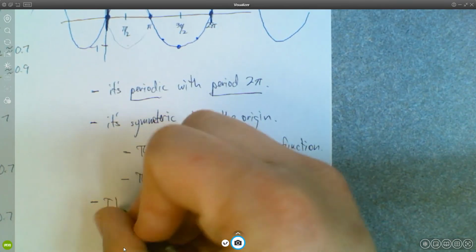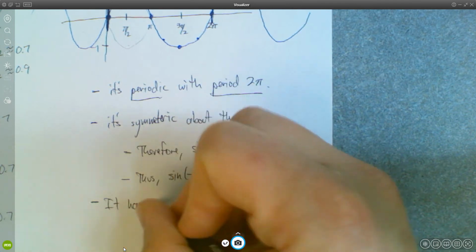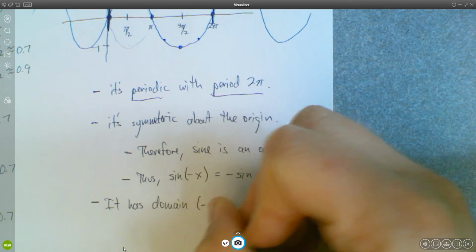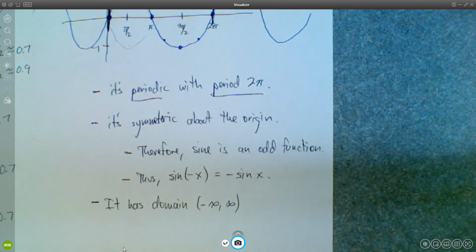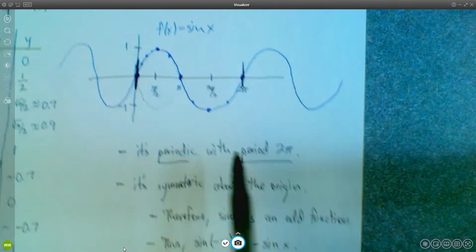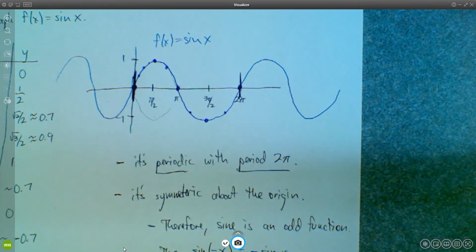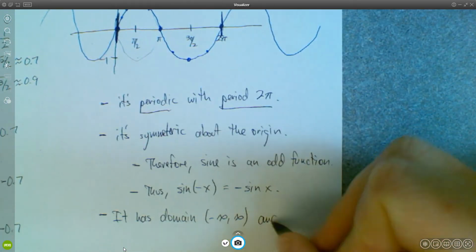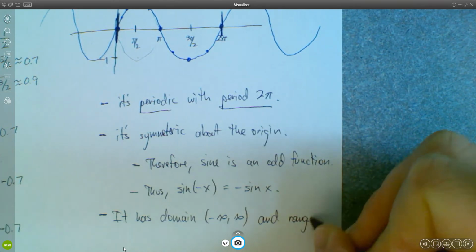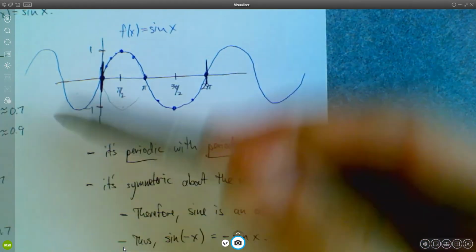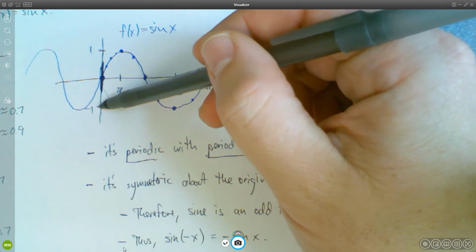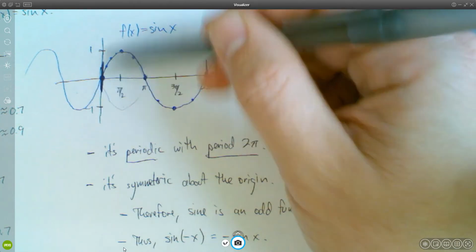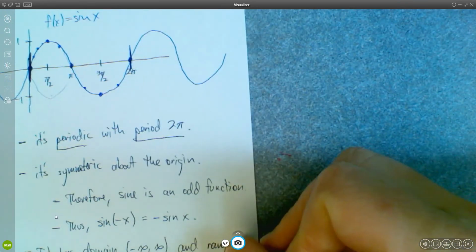Okay, what else about this graph? It has domain negative infinity to positive infinity, right? All real numbers. You can plug in any real number to the sine function and get a value back. And range. What's its range? Its range is between y equals -1 and y equals +1. So its range is -1 to +1.